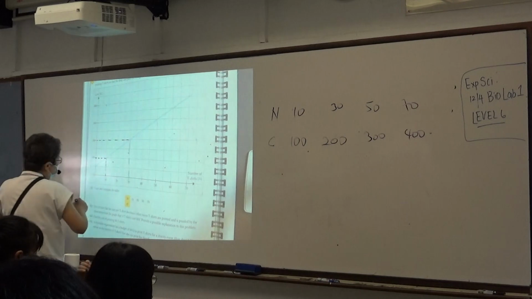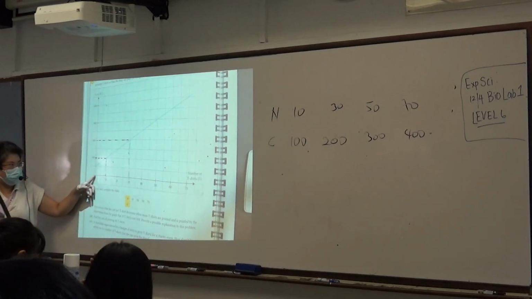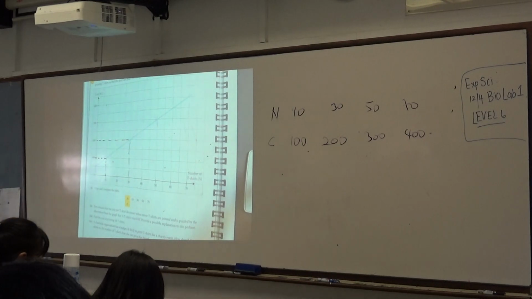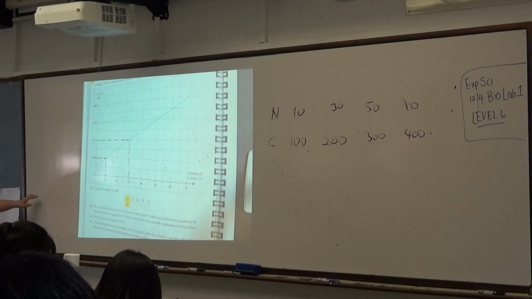Okay. Now, what is it that even if 0 t-shirt is printed, they need $100? What can be a possible reason? There's a fixed overhead, that's correct. You need to buy the printing machine here. Correct.